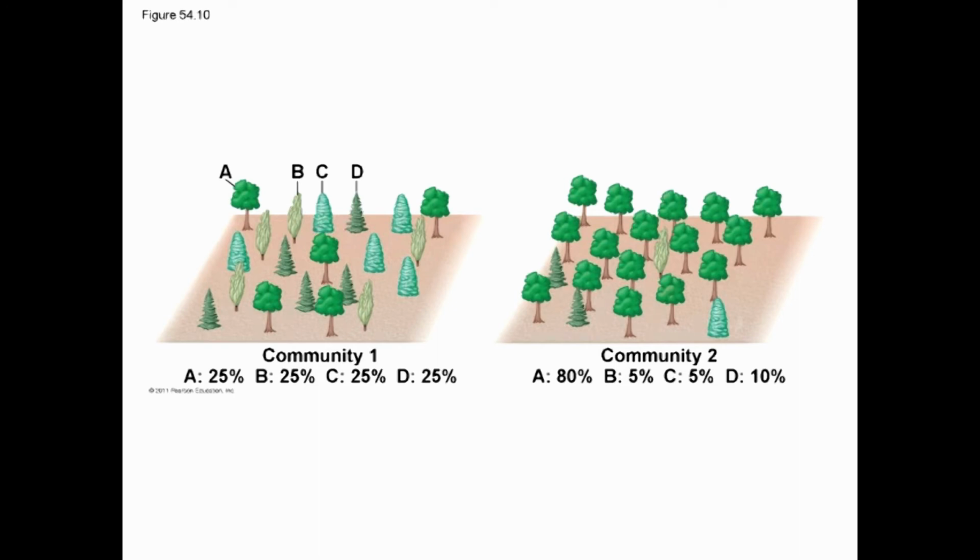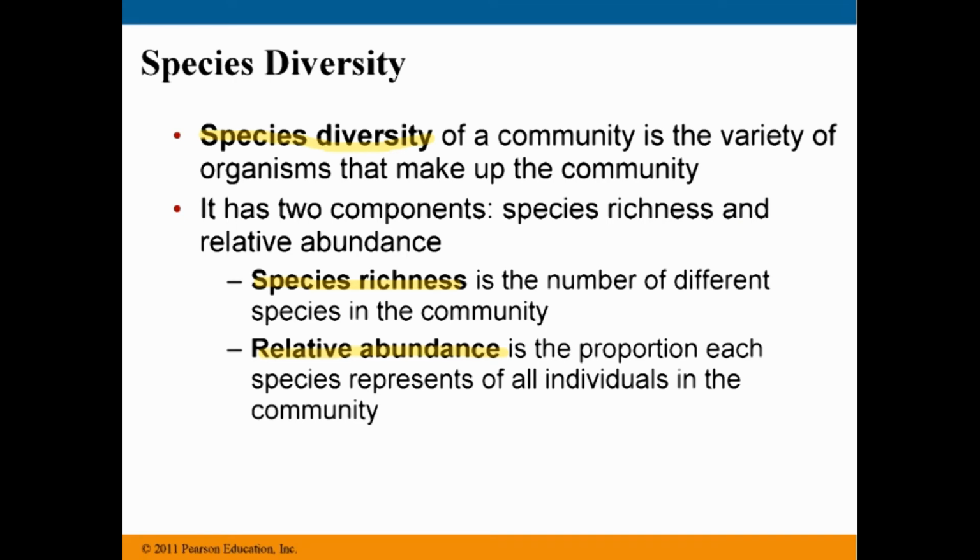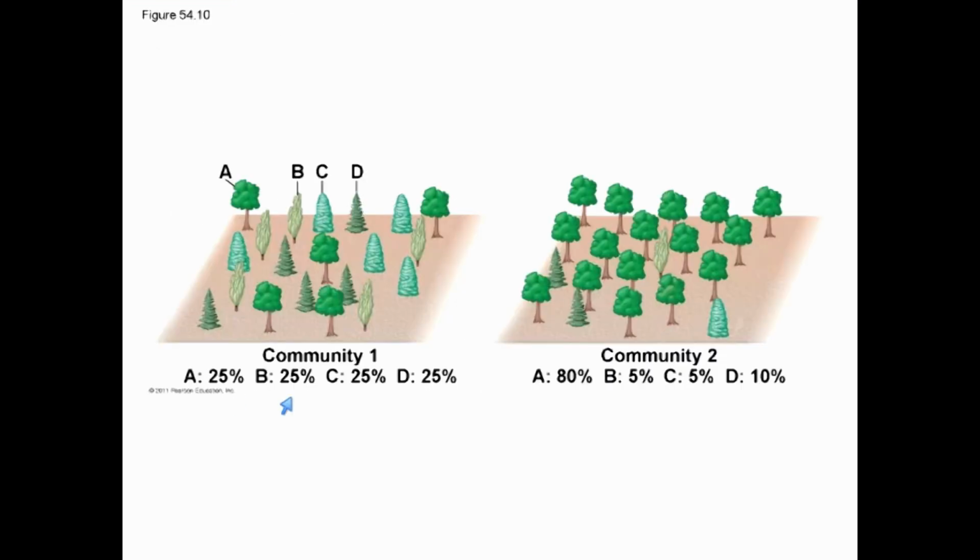Community 1, you're looking at 4 species, A, B, C, and D, and you're looking at the exact same percentages of those organisms within that community. So you've got, and let's back up here, remember our species richness and our relative abundance. Okay, so the species richness is the 4 species. The relative abundance is equal within these species.